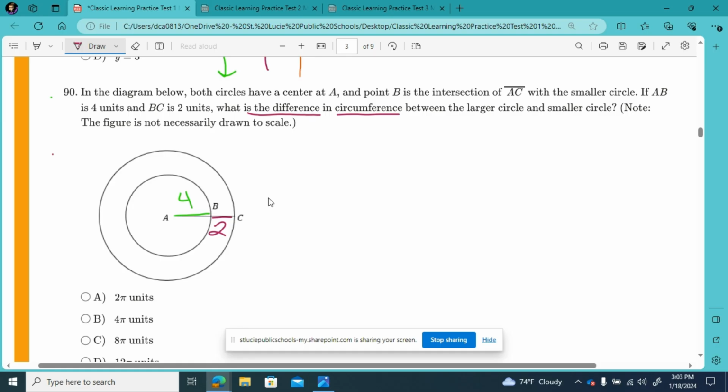So first of all, I'm going to focus on that word difference. Difference is a key word, and that is the answer to addition, subtraction, multiplication, or division. Difference is the answer to subtraction. So this keyword is telling you to subtract the circumference of the large circle minus the circumference of the small circle.